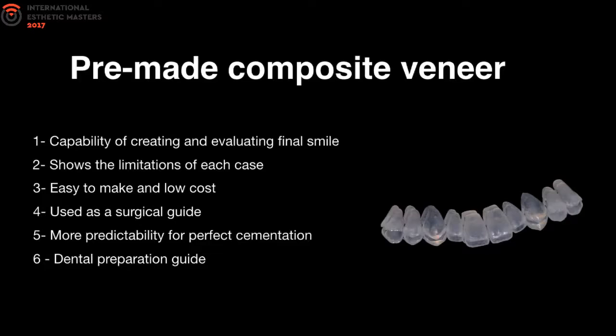The fifth, after the surgery, you can apply them again to check if there will be a perfect fit of the restoration and cementation. Some dentists even use them to help prep the dentition, as the veneers may assist them to figure out how much they need to prep each tooth.